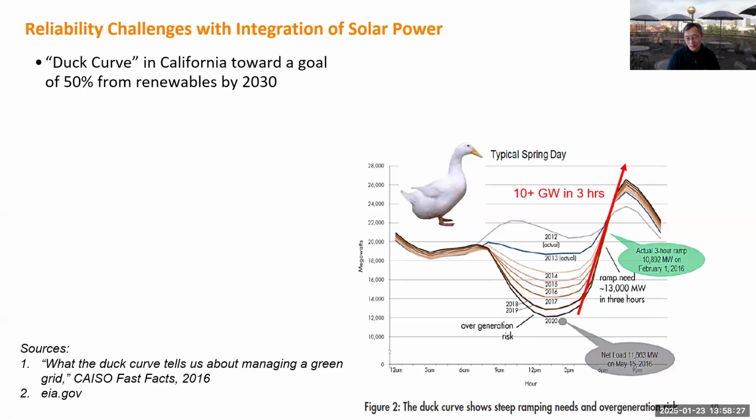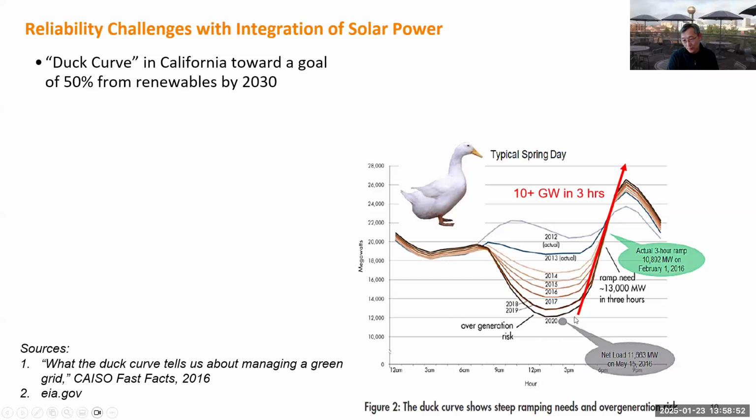But as I said, you cannot do simple math. We have to make sure the generation can meet the load for every hour, every minute, or every second. What happened is this generates a curve which looks pretty much like a duck, right? The duck's stomach, and it will make this part very deep.